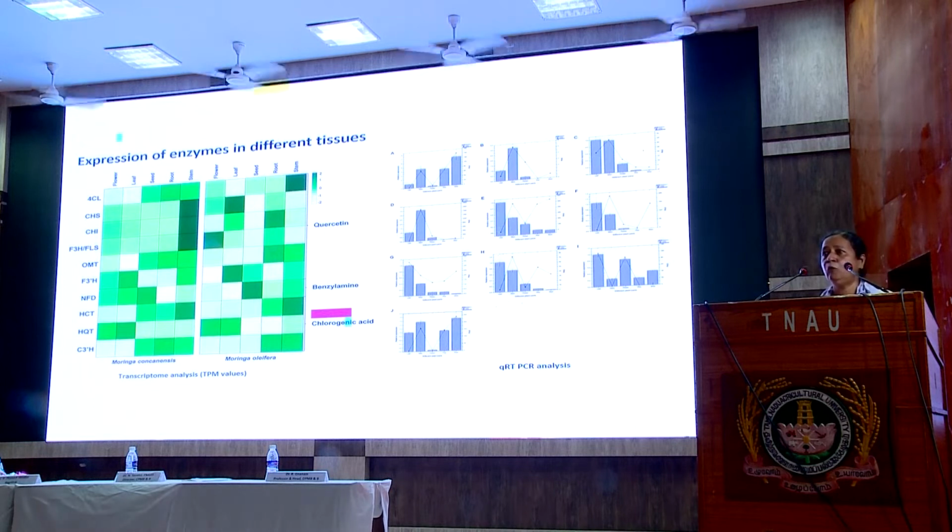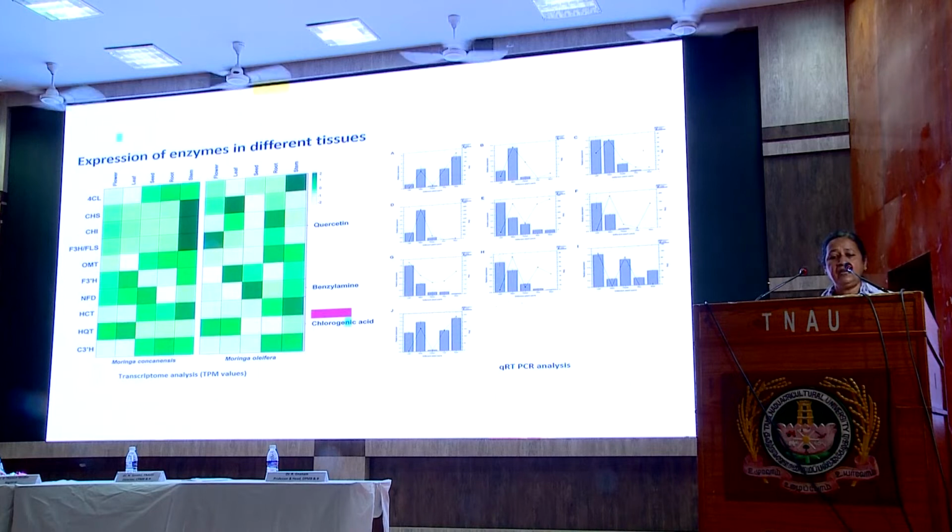The heat map is no longer concentrating on the medicinal value, the secondary metabolites and so on, but instead it is showing us the relative abundance of the enzymes that are involved in the synthesis of the 3 secondary metabolites that I said: quercetin, benzylamine and chlorogenic acid.